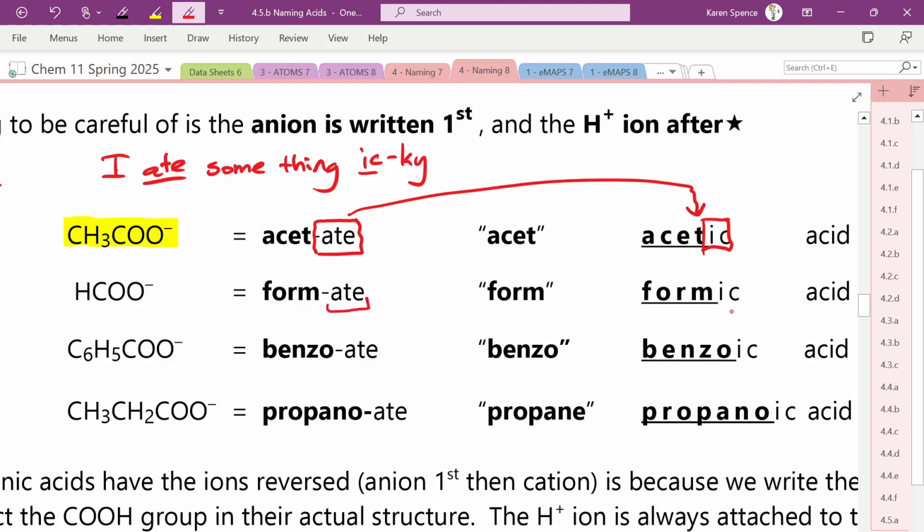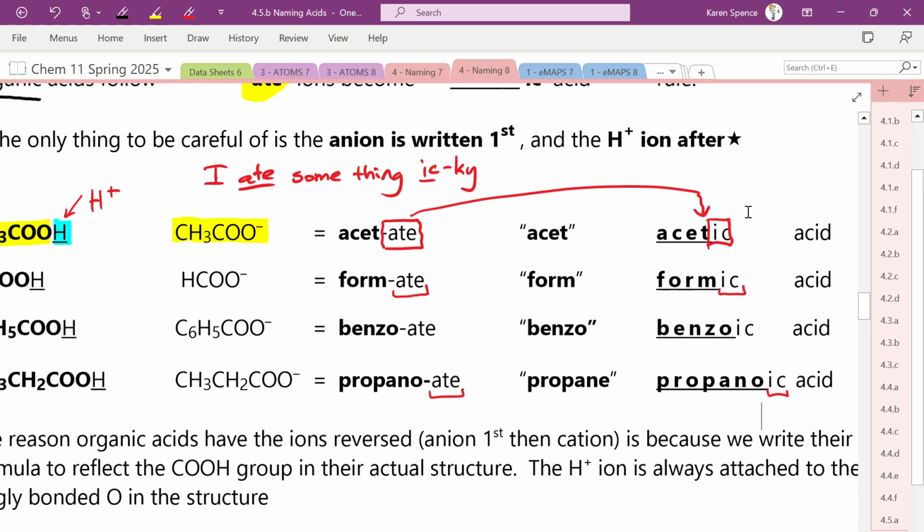We replace the ate with ick and it becomes formic acid. Okay. Benzoate becomes benzoic acid. Propanoate becomes propanoic acid. So we just take off the ate and put the ick on the end. That one's long, propanoic. Yes?